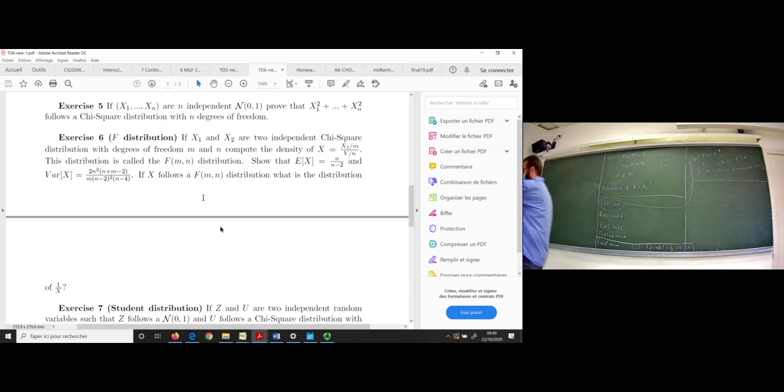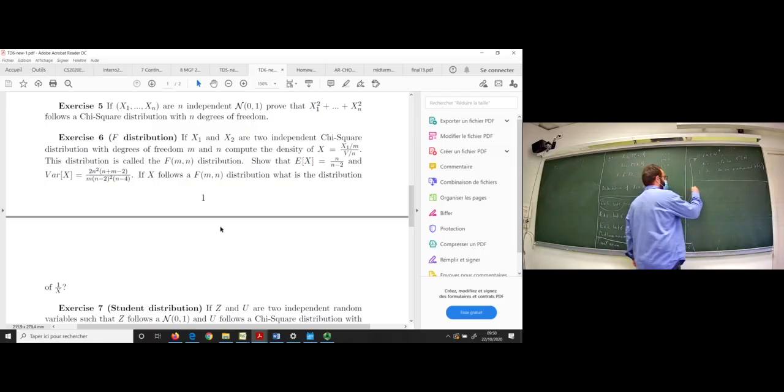So it means that once I have this result, the way to consider a chi-square of parameter n is just to consider the sum of the squares of n independent Gaussian N(0,1). It will be equivalent. Okay, so let's do it by induction.